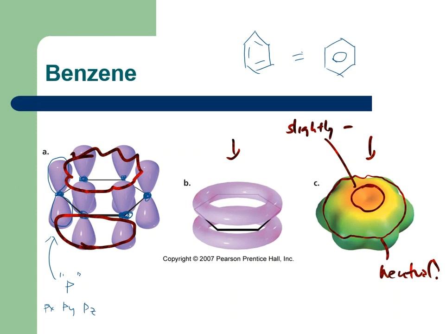So this gives me an idea of how this benzene is basically structured. I'm looking at a ring system, a delocalized system, and a system that's neutral with a core, and that core is slightly negative, and that negative is coming from the electrons that are associated with the ring system.